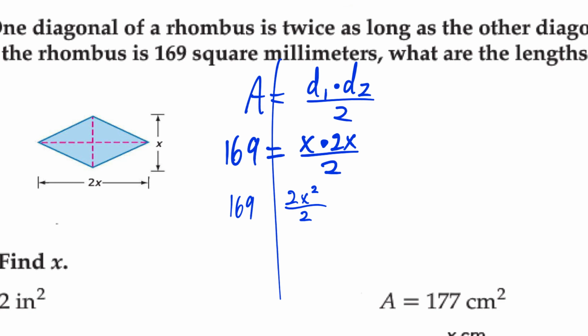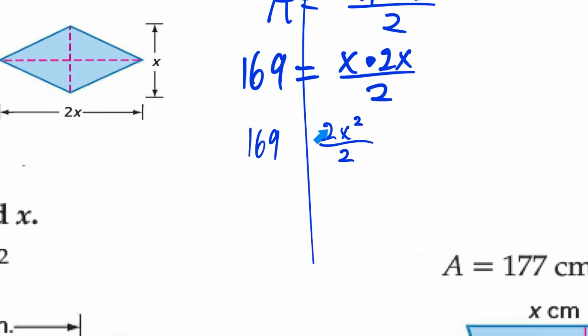Now, the way they have this set up is going to make this nice and neat. What's going to happen to this 2 over this 2? What happens to those? Yeah, they're going to cancel each other to a 1, so that's going to leave 169 equals x squared. And then how do we get rid of a square?